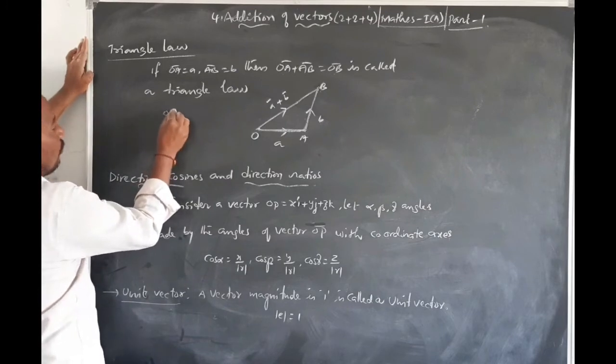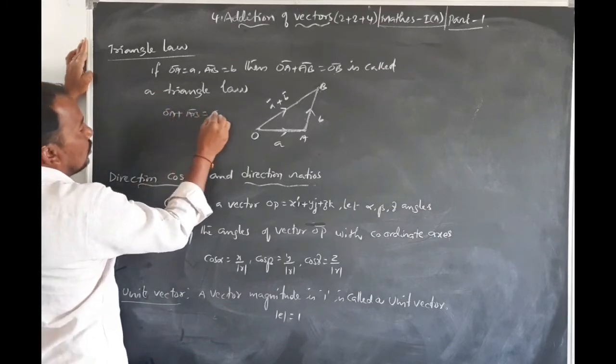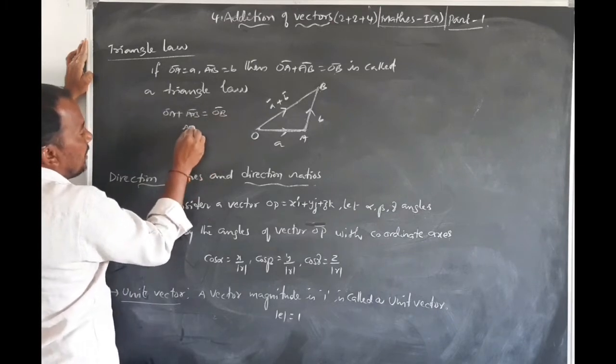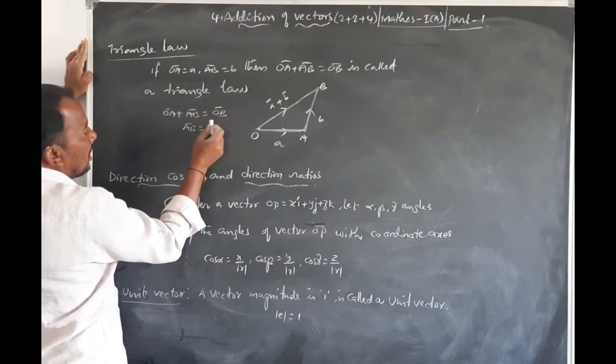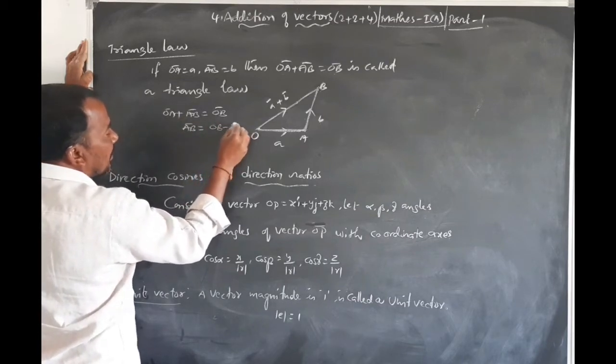So OA plus AB equals OB, this implies AB equals OB minus OA.